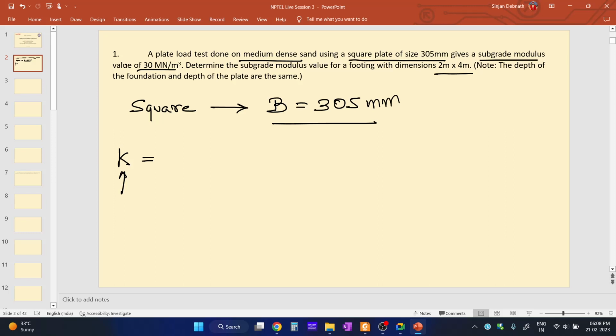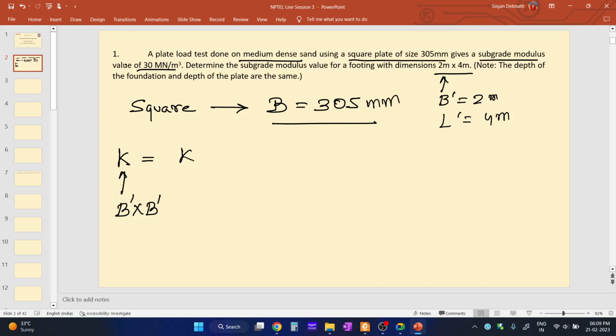Remember, square plate. Suppose B dash by B dash. It is a larger square plate. What is your footing over here? The breadth of the footing B dash equal to 2 meter, L dash equal to 4 meter. So this K will be based upon B dash by B dash, that means 2 meter by 2 meter.